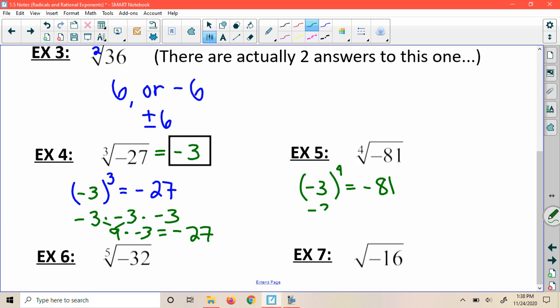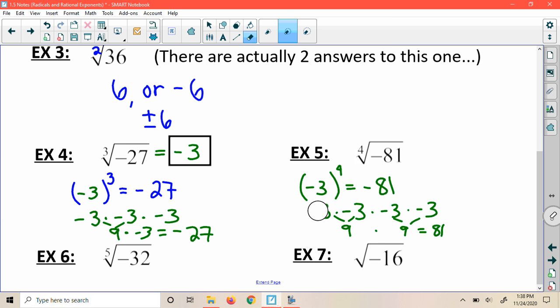But that doesn't. When you have something multiplied by itself 4 times, it'll actually end up being positive. Negative 3 times negative 3 is positive 9. That also equals positive 9. So you're going to get positive 81. So it was a good try, but it didn't quite work out.